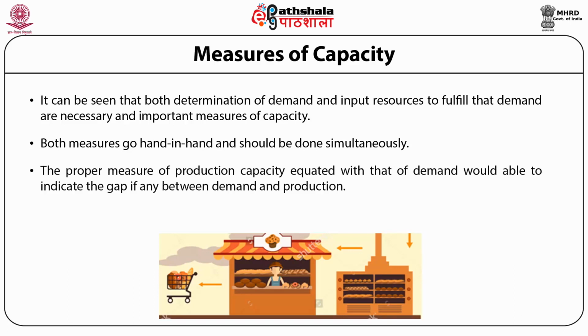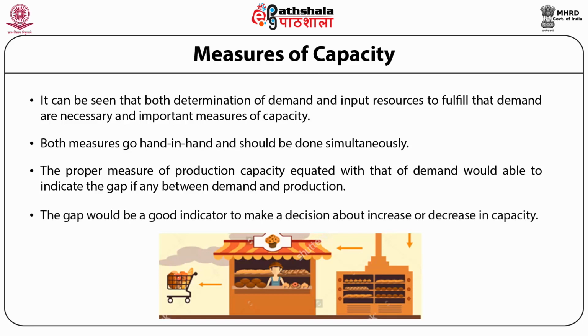The proper measures of production capacity equated with that of demand would be able to indicate the gap, if any, between demand and production. The gap would be a good indicator to make a decision about increase or decrease in capacity.